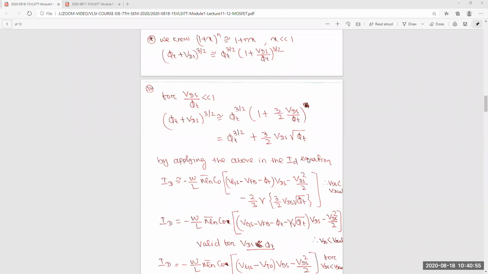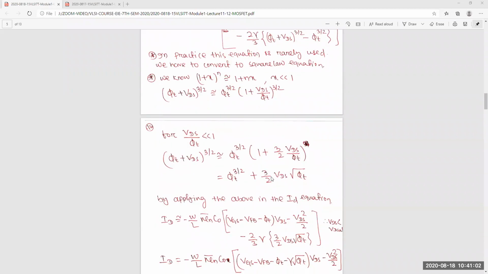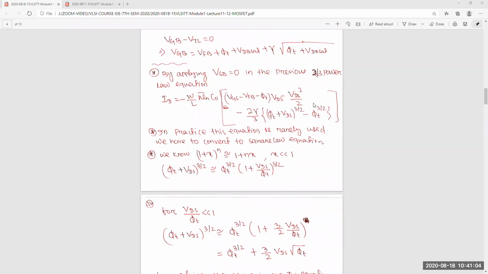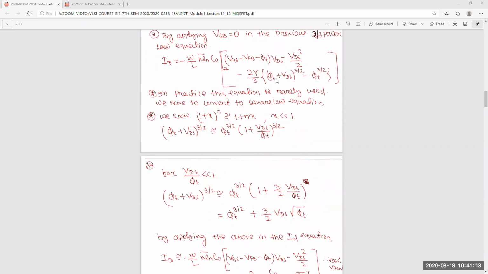So we get the final form. By applying the above in the ID equation, without body effect, which we have calculated for our simplification since we discarded the body effect, we apply these things in this part.